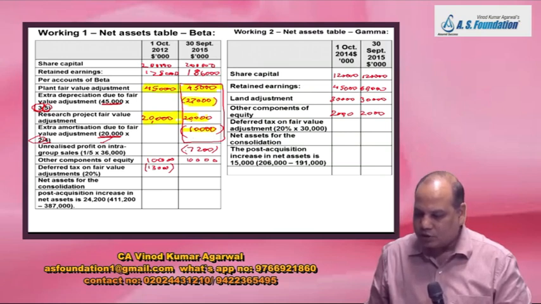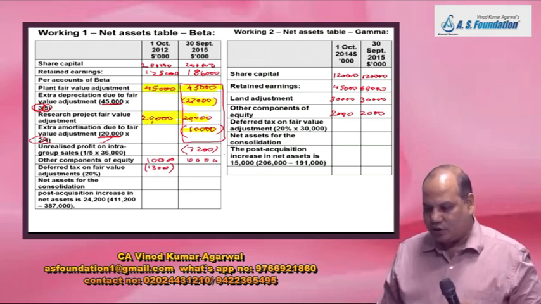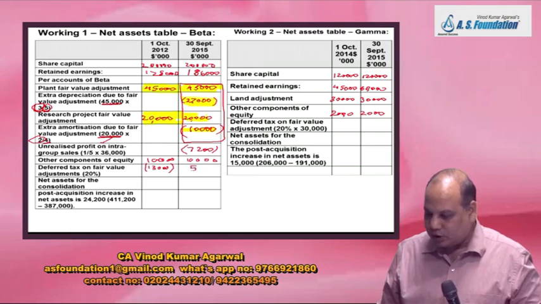They have not asked us to calculate DTA or DTL on inventory. So anybody wants to volunteer an answer? 5,000? See, you should write the calculation also yourself in case you think you will forget.